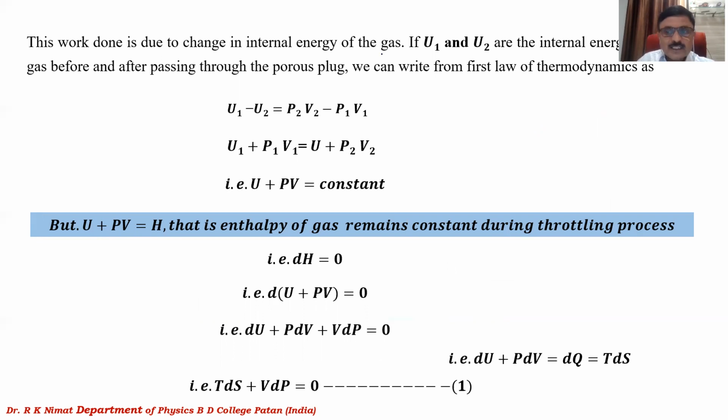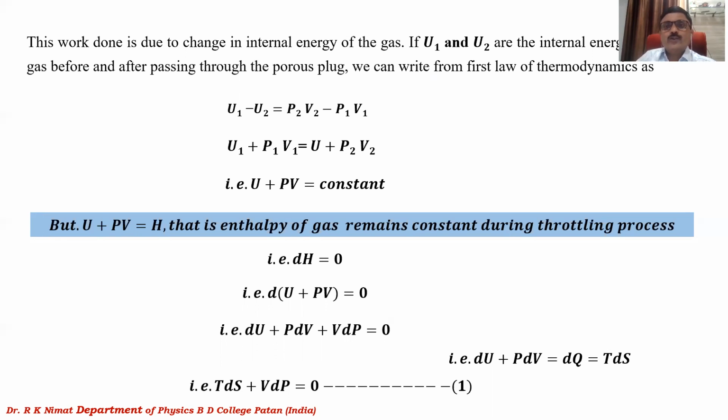We know that the internal energy consists of two parts, the kinetic energy and potential energy. Then this work done is at the cost of internal energy, meaning there is a change in energy, and the change in energy is responsible for the work done.